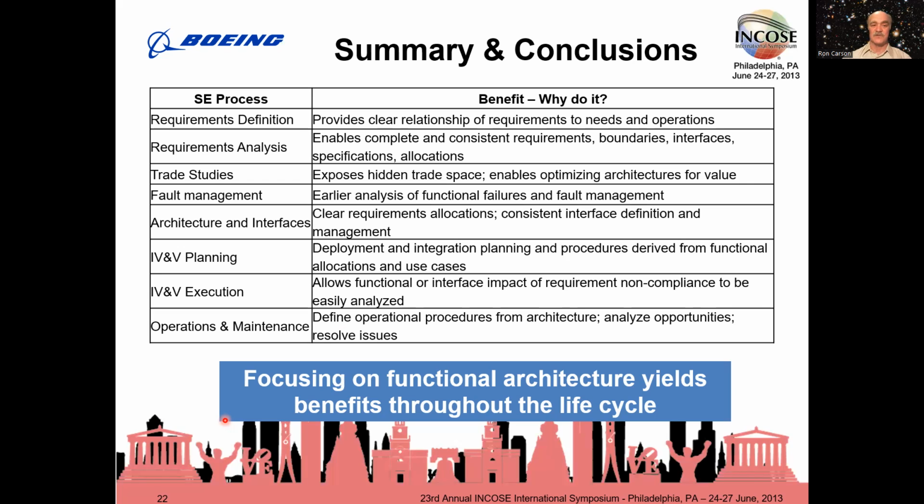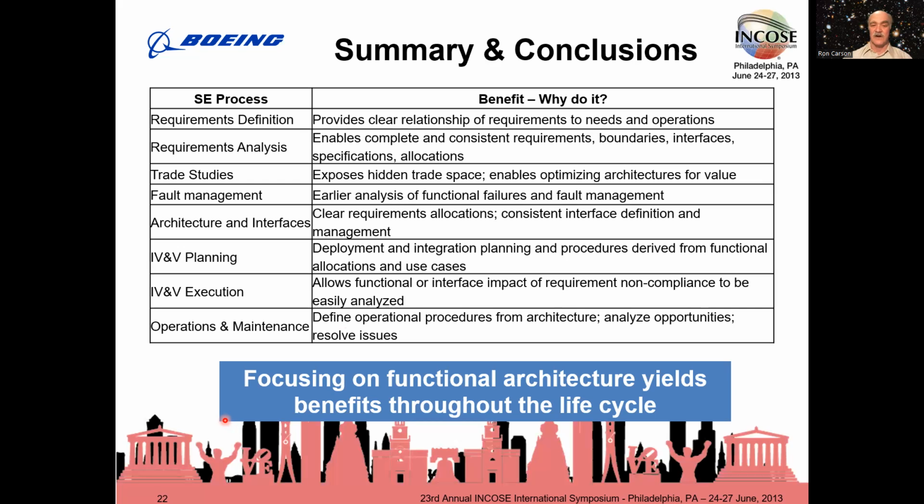We can use the functional architecture to help us in our trade studies, to examine the trade space and enable us to look at multiple architectures to at least select a preferred one, if not exactly optimize over all possibilities. We can use a functional architecture to help us with our fault management, with earlier analysis of functional failures.